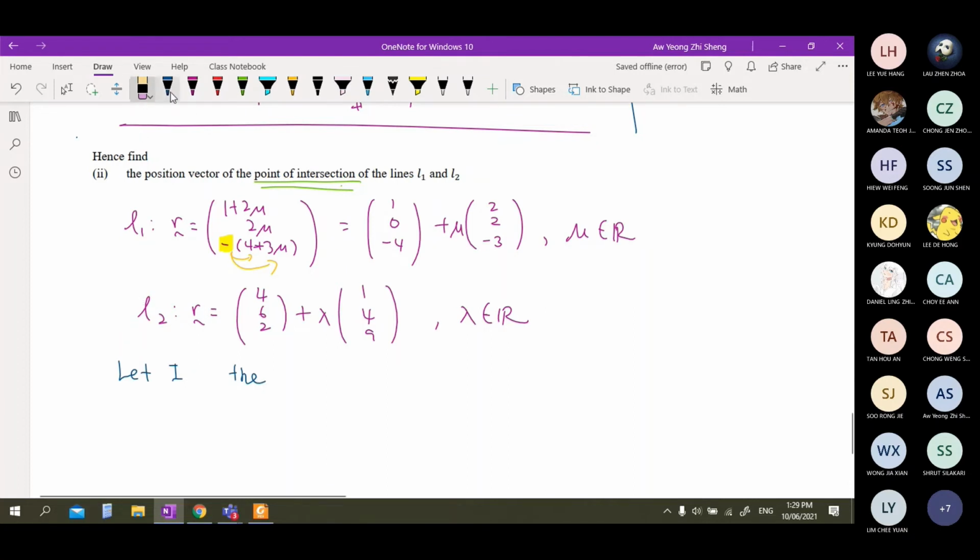Let I be the intersection point of L1 and L2.